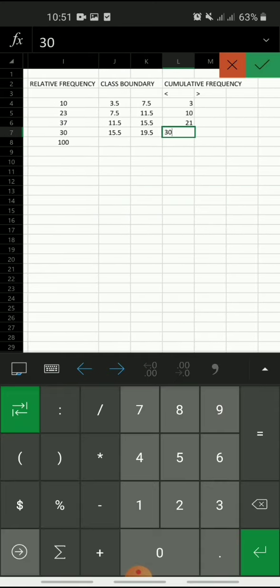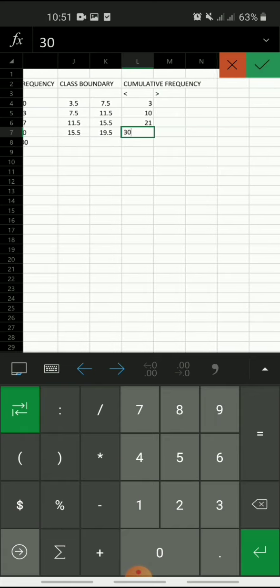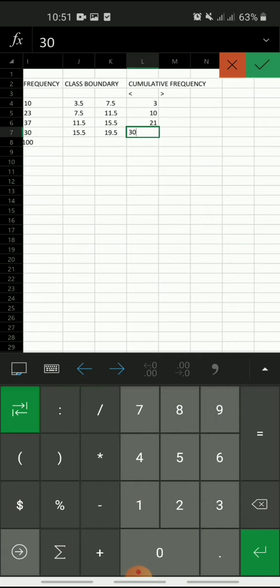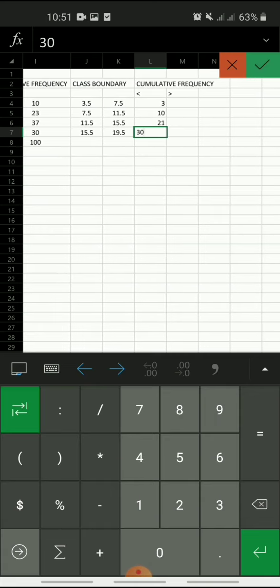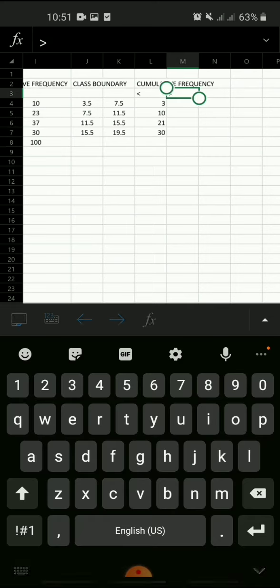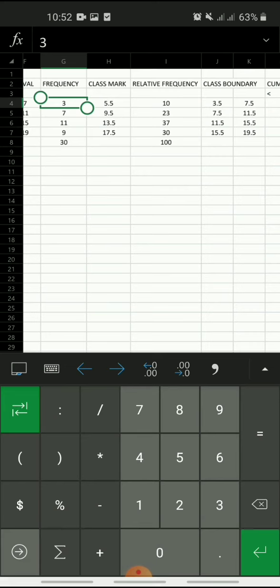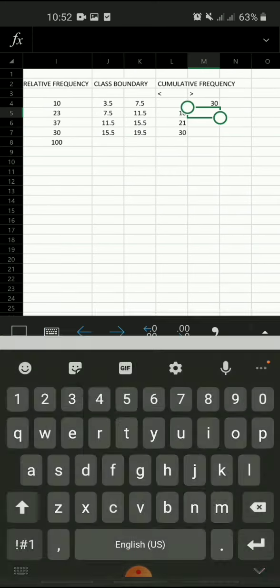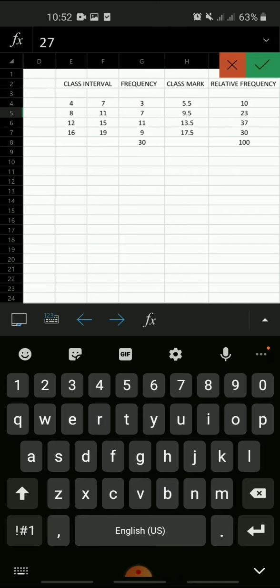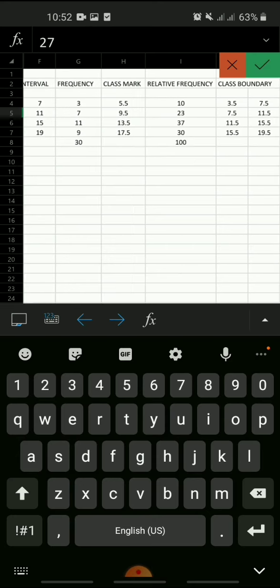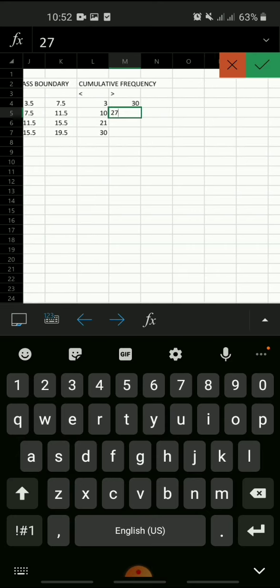After that, on the other side, just get the total number of the first class, which is 30, then subtract the first number of the frequency, which is 3, so 27. Then 27 minus 7 equals 20.